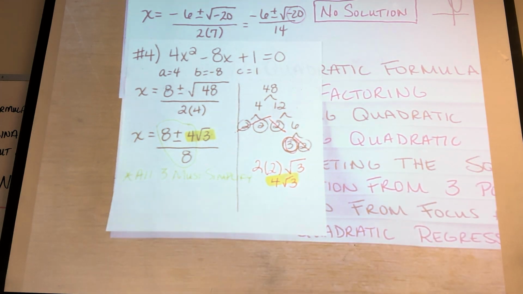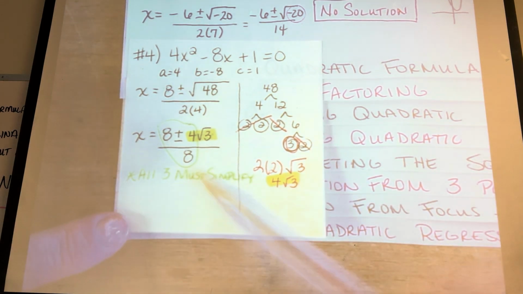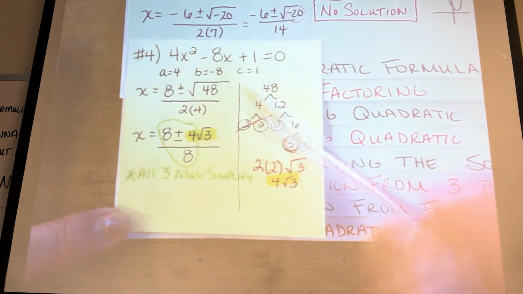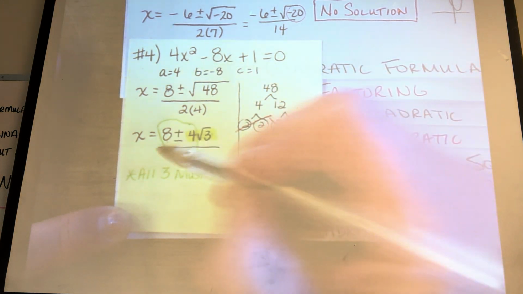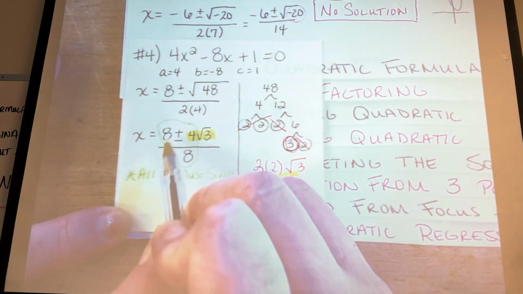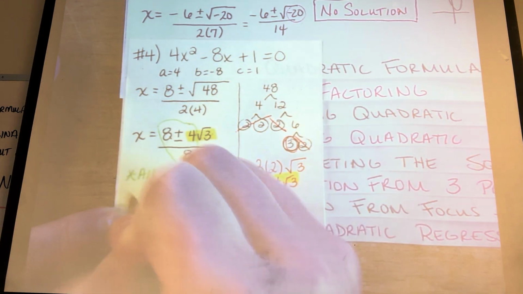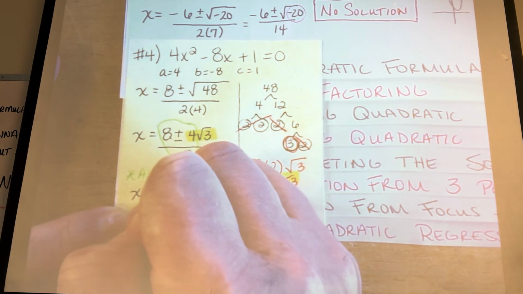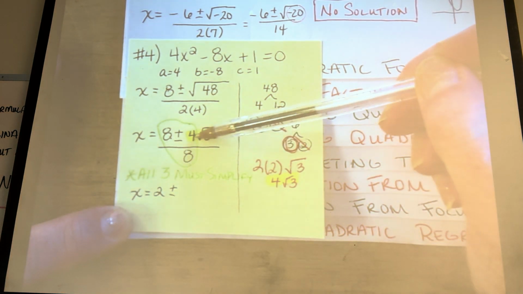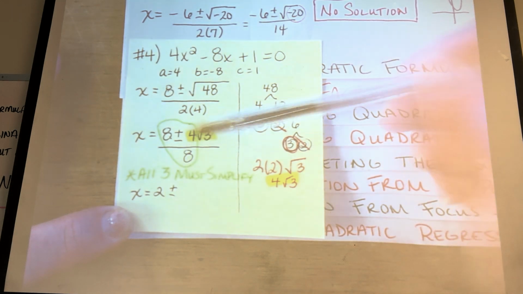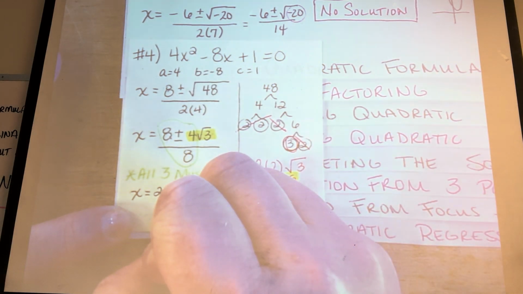Okay, all three of those numbers, the biggest number they're divisible by is the 4. So what you're going to do is divide every one of these numbers by 4. 8 divided by 4 is 2. Plus or minus. 4 divided by 4 is 1, 1 square root of 3.